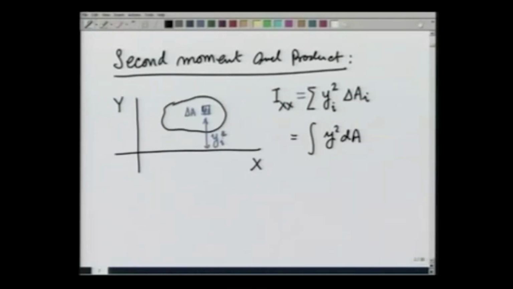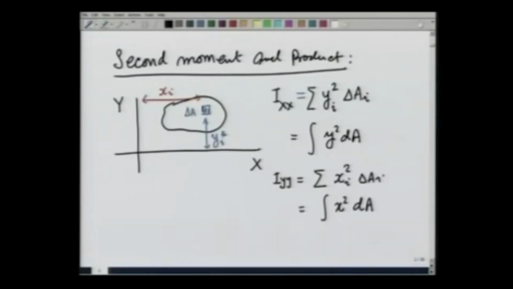Similarly, Iyy, that is the second moment about the y-axis, is defined by choosing the distance of the area from the y-axis, and then we write this as the summation of xi square delta A i, or in the limit of integration this becomes the integral of x square dA.